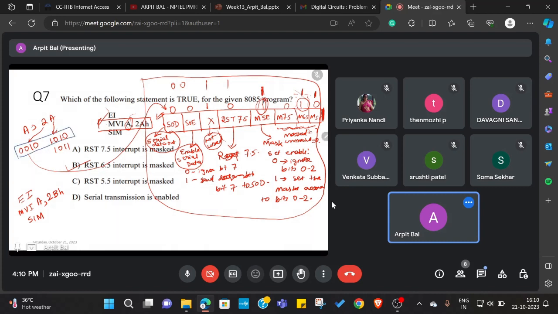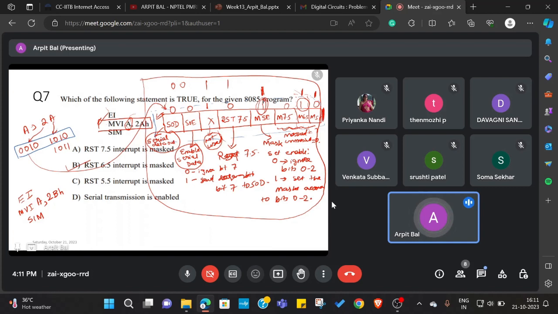Please remember, the positions for setting the interrupt masks are given on the right hand side. The first bit corresponds to serial data output, second bit is the enable serial data, third bit is not used, fourth bit is R7.5, it will reset the RST 7.5.